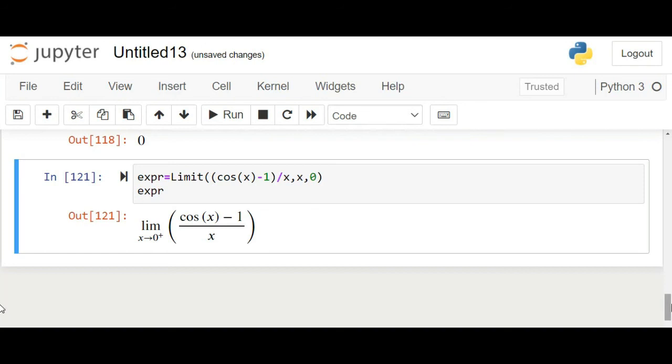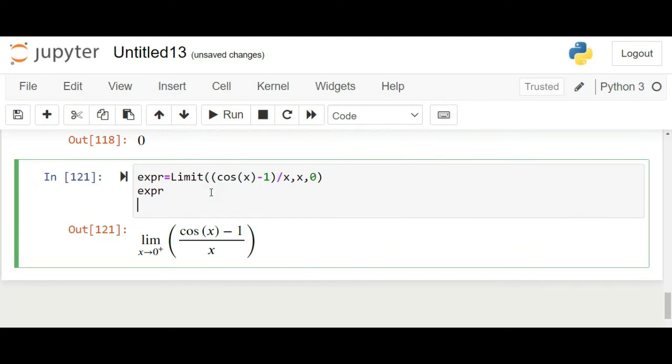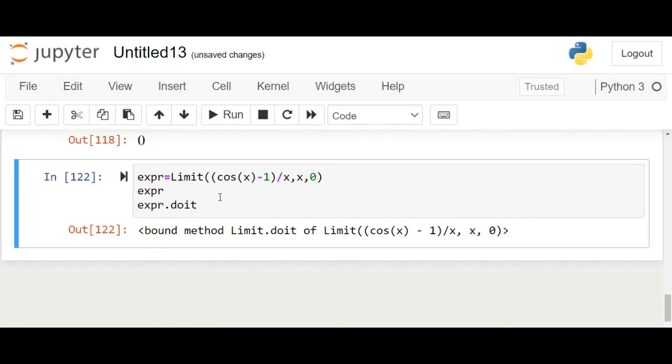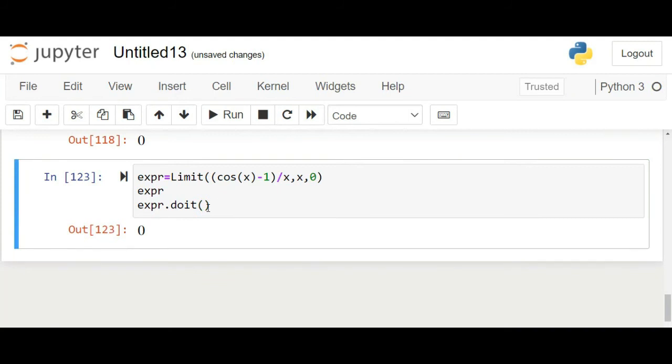Okay, and if we write just like in integral calculus, dot doit, then our answer will be, no answer, because we should write parentheses. In this case, if we write 1 over here, then our answer will be minus 1.